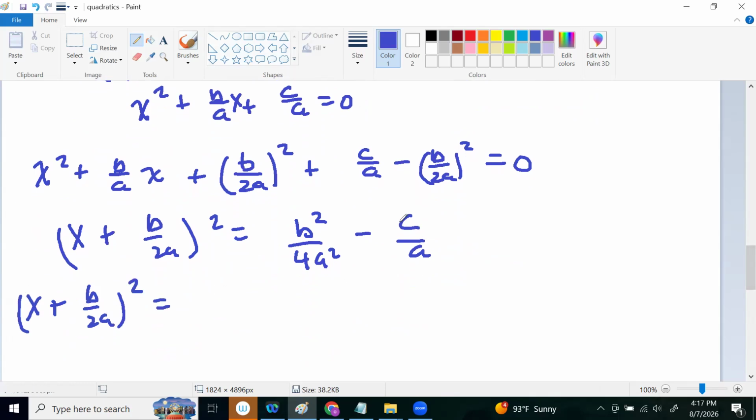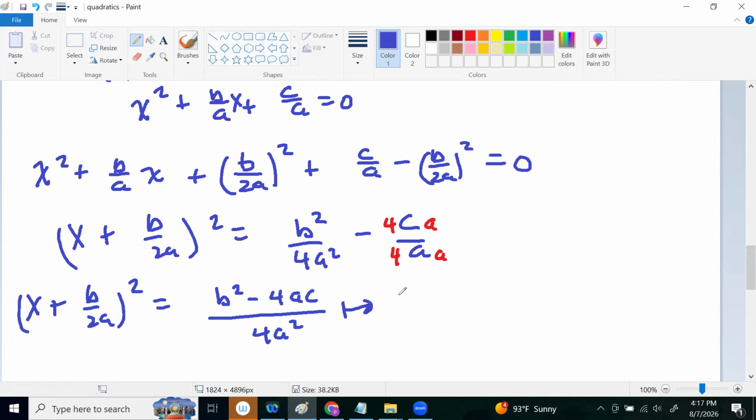What I'm going to do is multiply this by 4a, and I'll multiply this by 4a. So on this side right here, I have b squared minus 4ac. And notice we have a common denominator, so that's 4a squared.